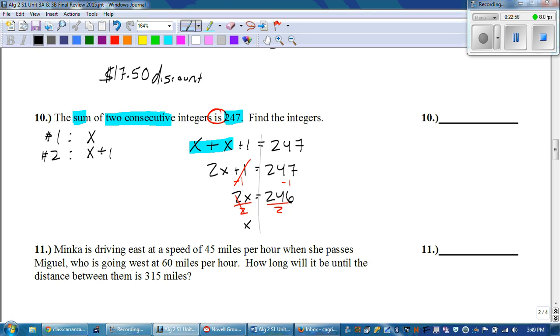And we get x equals 246 divided by 2 is 123. Now, it's telling me to find the integers. So if my first number is 123, what's 123 plus 1? Yeah, 124. So they are consecutive integers.